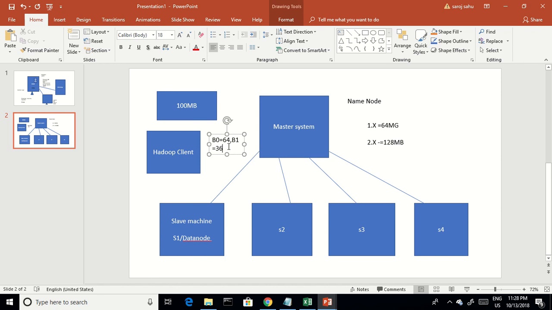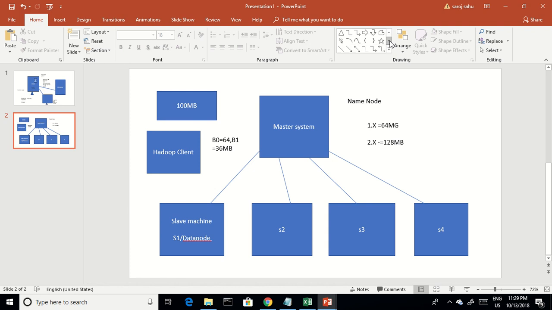Now the file which is there on the client machine, I want to upload and store in the Hadoop cluster. So the Hadoop software, the HDFS file system, will divide it into a number of blocks.